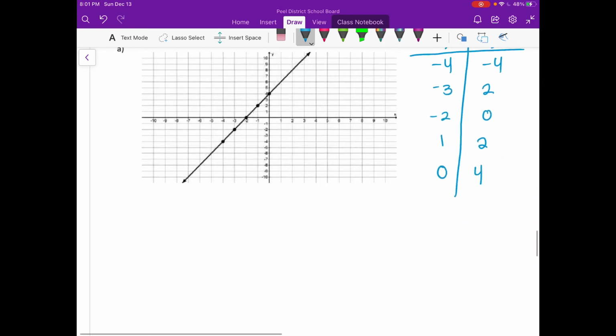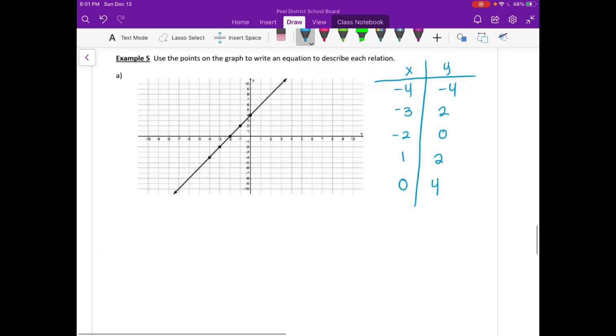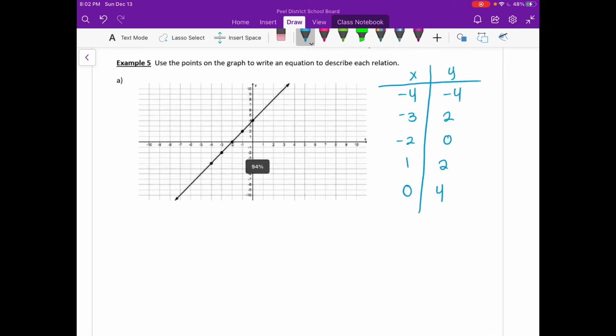So I'm saying that maybe it is times 2, right? So I'm going up by 2 over 1.